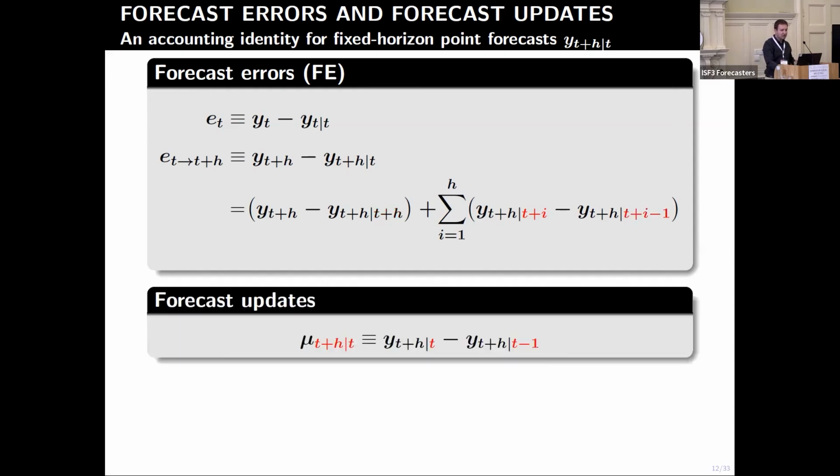And we can just denote these forecast updates by mu_{t+h|t}, which is the change in the point forecast going from period t minus 1 to t.